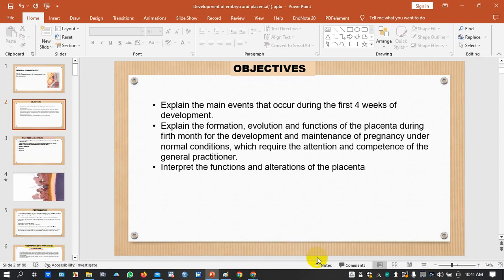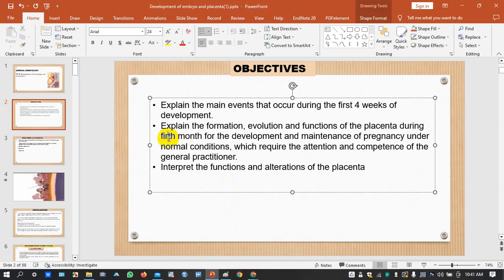It will also evaluate how the placenta evolves, its formation and its functions during the first month, for the development and maintenance of pregnancy under normal conditions. And this requires the attention and the competence of general practitioners.